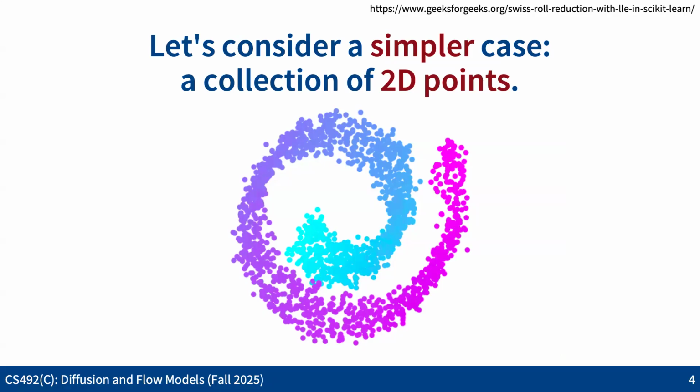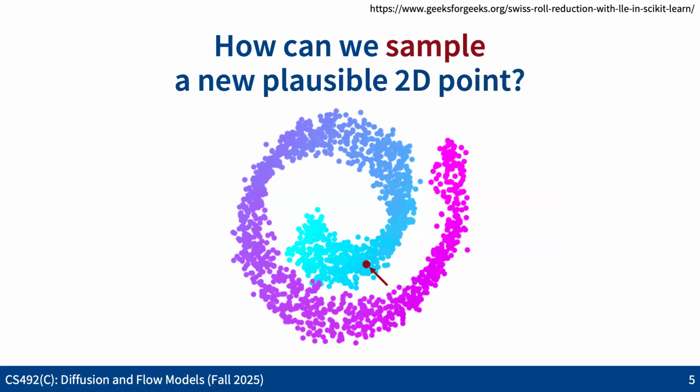Let's say we just have a collection of 2D points, lots of dots in 2D space that form this kind of shape. The question is how we can make a model that can pick a new point that looks like one of those given points. That's the basic idea.